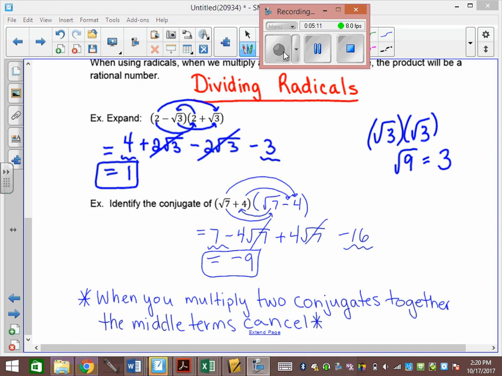Rachel? Because like radical 3 times radical 3 is radical 9, which is 3. So like root 7 times root 7 is root 49, which is 7.